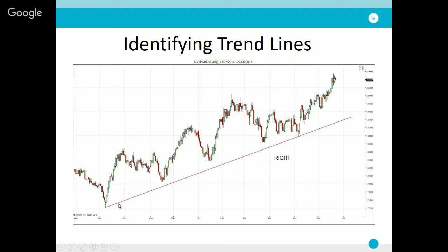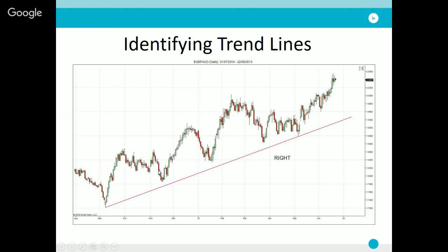However, you can see that if we had drawn this line initially, connecting it to this point, okay? So imagine that we were at this point in time where price had just made this second low and was trading higher. We would initially have drawn our trend line here, connecting these 2 points. And at that earlier period in time, that trend line would in fact have been correct, okay?